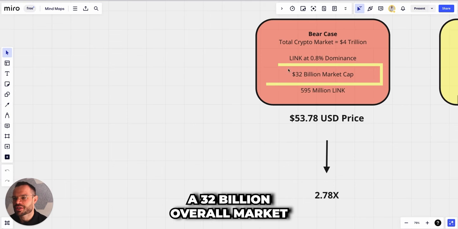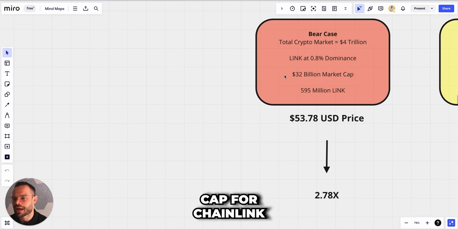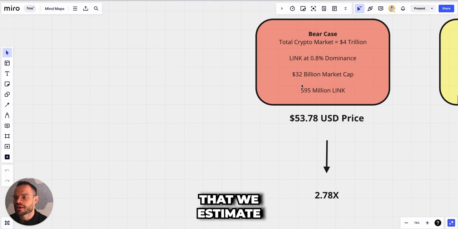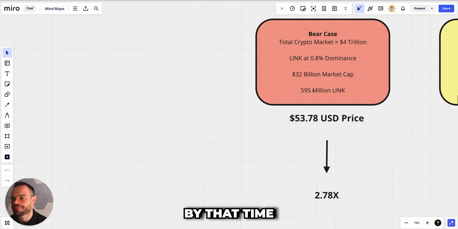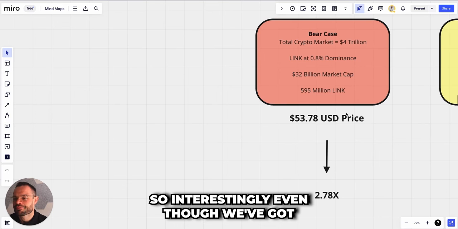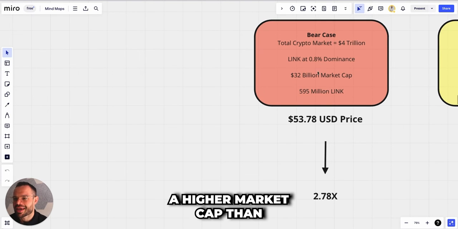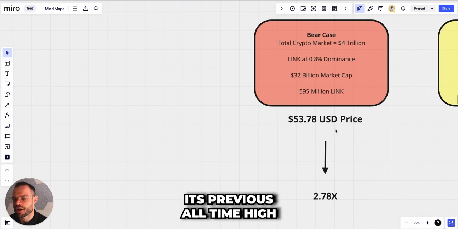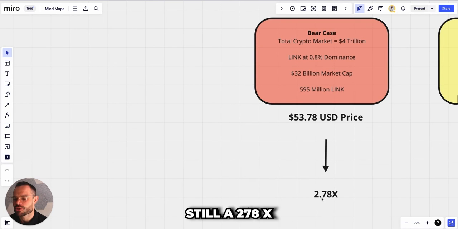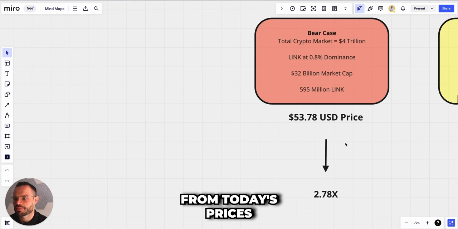That would give us a 32 billion overall market cap for Chainlink, and then dividing that by the 595 million Link that we estimate to be in circulation by that time gives us a price target of about $53.78. So interestingly, even though we've got a higher market cap than its previous all-time high, we're still only hitting around the same price as the all-time high because there's a lot more tokens in circulation. However, that is still a 2.78x from today's prices.